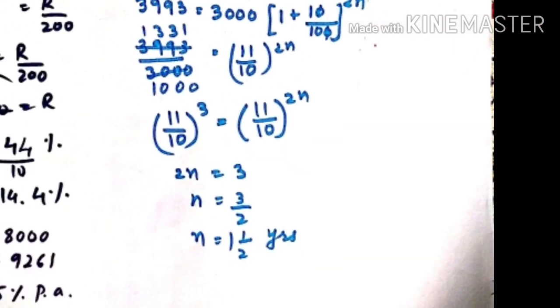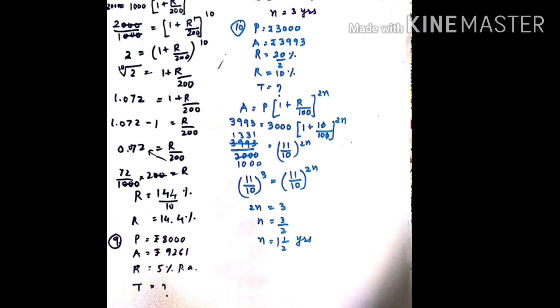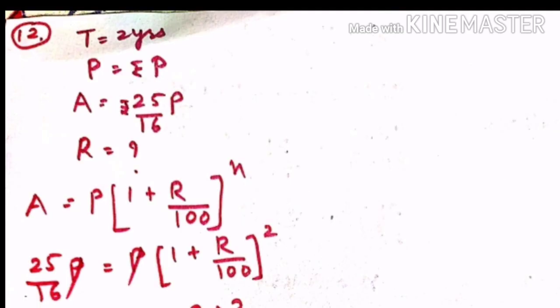Now the next question is question number 12. In this question, a sum compounded annually becomes 25 by 16 times of itself in 2 years. Determine the rate of interest per annum. Okay, so a sum means the sum is not known, and it becomes 25 by 16 times of itself.